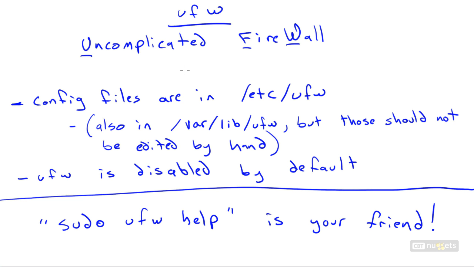So what UFW does is it allows you to use simple command tools to manipulate the firewall. Behind the scenes, it is still iptables, but it's just very, very convenient. Now, there are configuration files that you can edit. They're stored in /etc/ufw. There are also some files that are created in /var/lib/ufw, but just like with those udev rules, you're not supposed to touch these by hand, right?